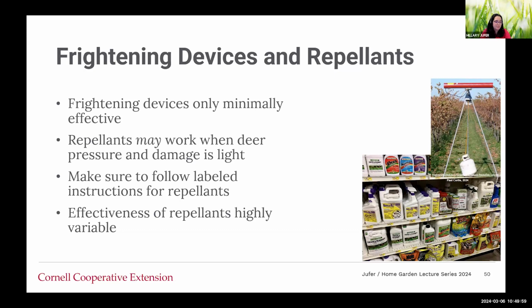The effectiveness is highly variable, because it depends on the alternative food sources, the density of deer, the habitats, the movement of individual deer. There are all these factors that go into it, and it must be repeated. These repellents must be repeated every 4 to 5 weeks when deer are feeding.